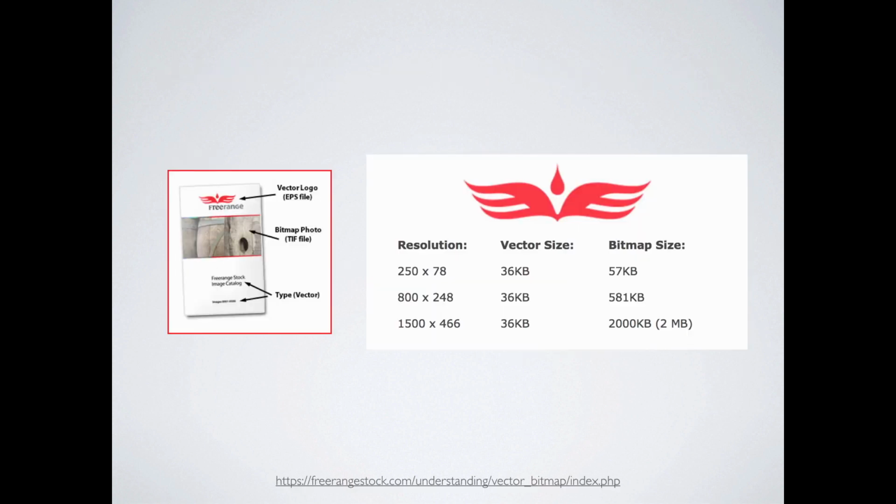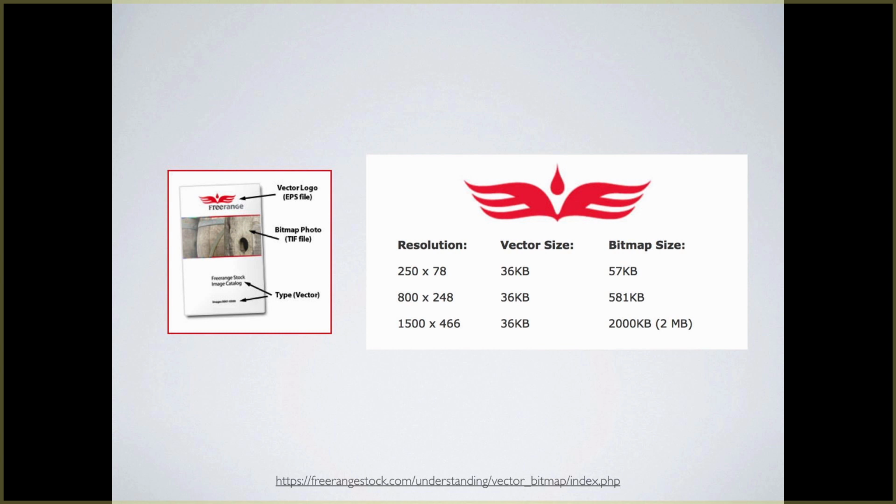So let's look at some examples. I think this is a pretty good slide. They're looking in this example at this logo, and they're saying, OK, these are different resolutions. At a small resolution, 250 by 78, the vector size is 36 kilobytes, which is really small. The bitmap size is bigger, but it's still pretty small at 57 kilobytes. We up the size of that graphic, 800 by 248. The vector size doesn't change.